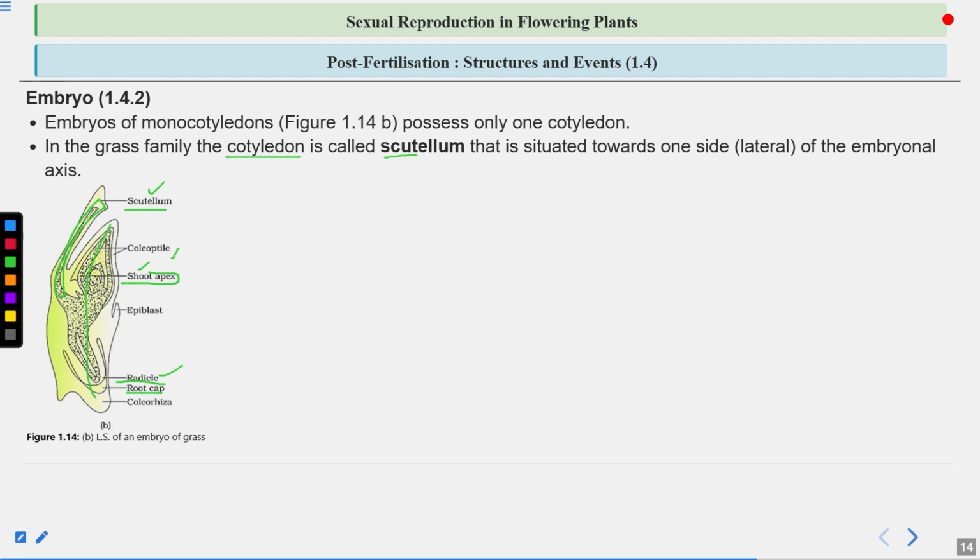So this is the structure of the embryonal axis in the case of monocot. Here you can see one more part, the epiblast. What is the role of the epiblast?